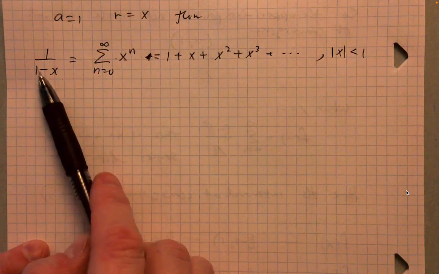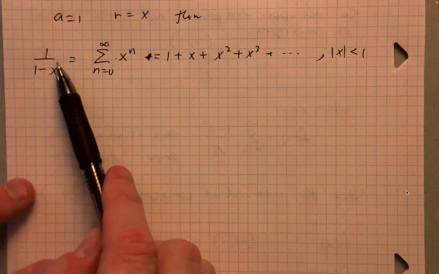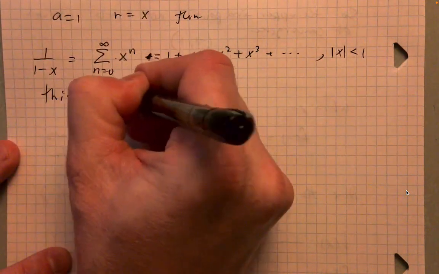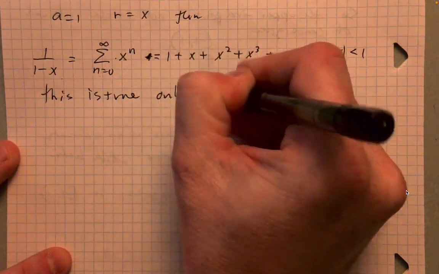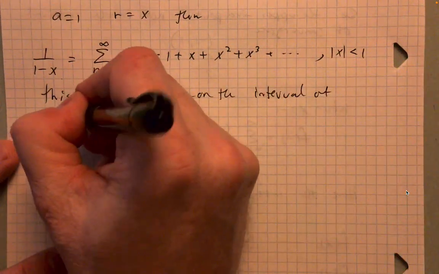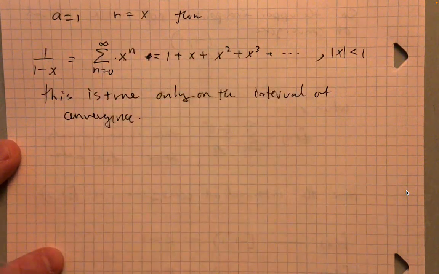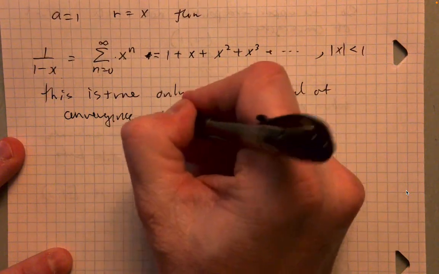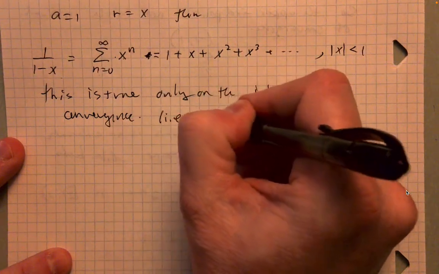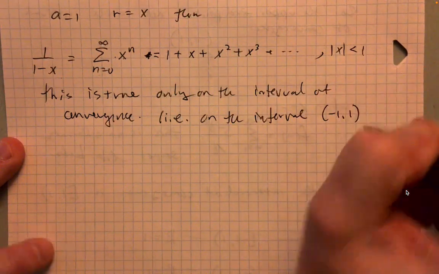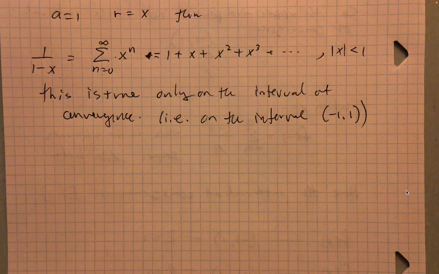This would be 1 over negative 4. So this is true only on the interval of convergence. In the case of the geometric power series, that is the interval negative 1 to 1, and specifically open.